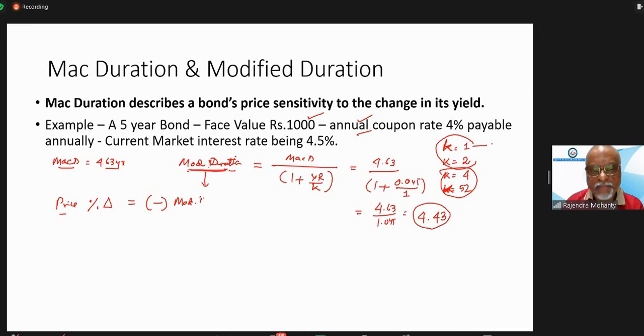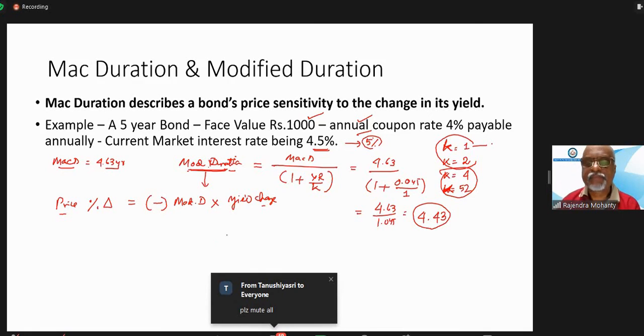What is the yield change? You have to see. Suppose the market rate is 4.5. Now the market rate has changed to say 5%.